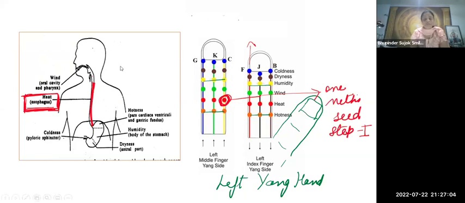As a result, as soon as you put one methi seed, this F meridian will become sensitive, and this meridian is representing esophagus.